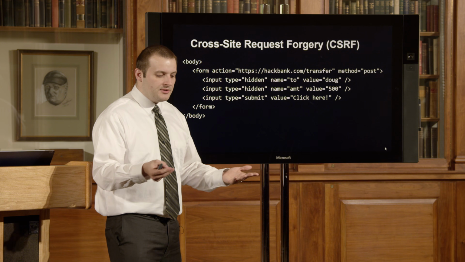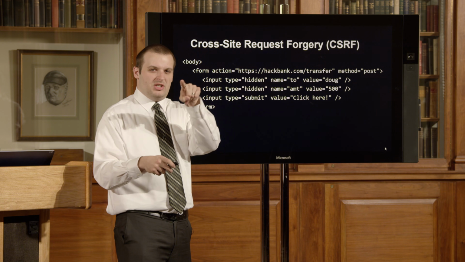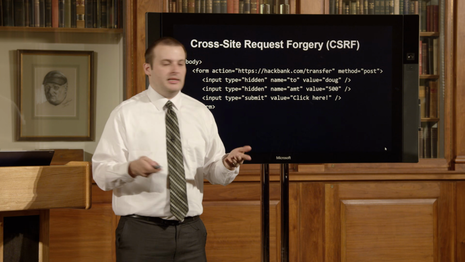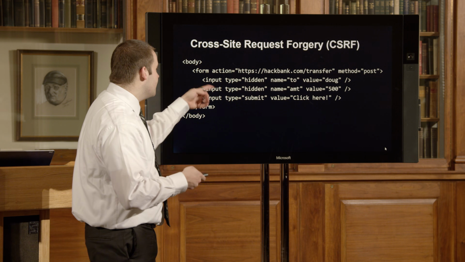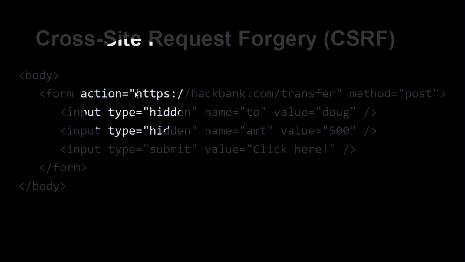Another example of this might be a form. So again, you click on the link in the email, and you get brought to a form that now just has a button at the bottom of it that says click here. The reason it just has a button, even though there's other stuff written, is that those first two fields are hidden. They are type equals hidden, which means you wouldn't actually see them when you load your browser.